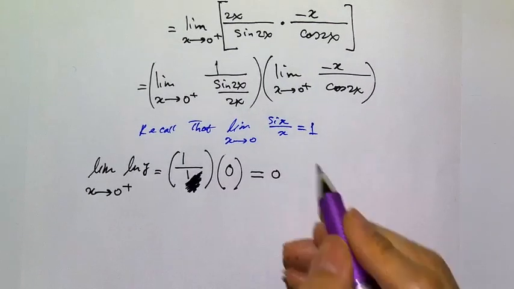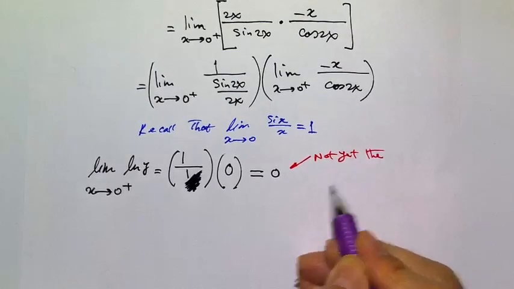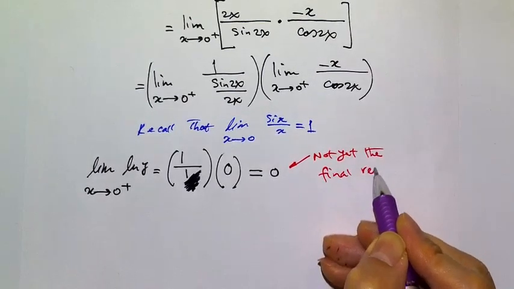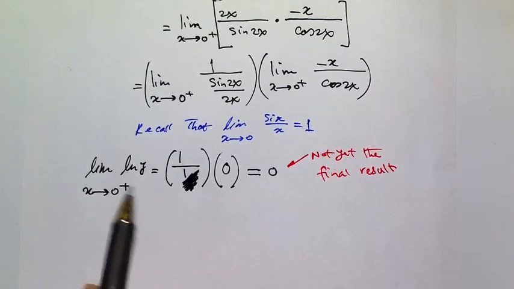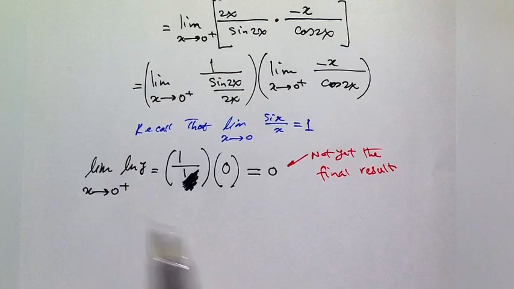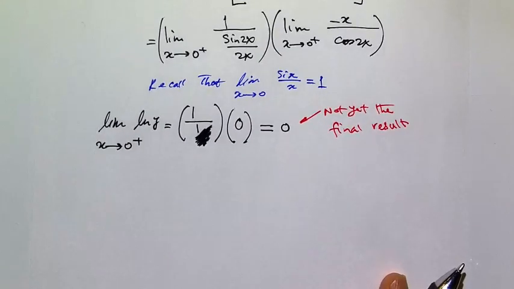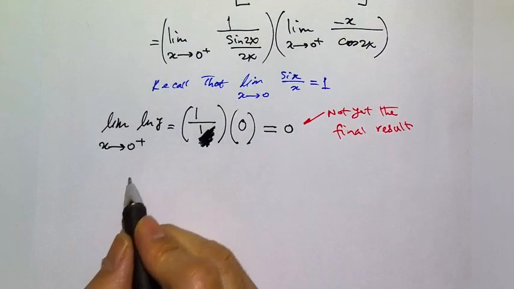But remember, this is not yet the final result. We need to convert it because this is the limit of natural log of y. We want the limit of y as x goes to 0 from the right side. So we need to apply the natural exponential function to both sides.